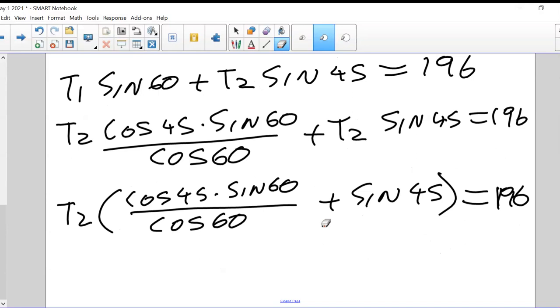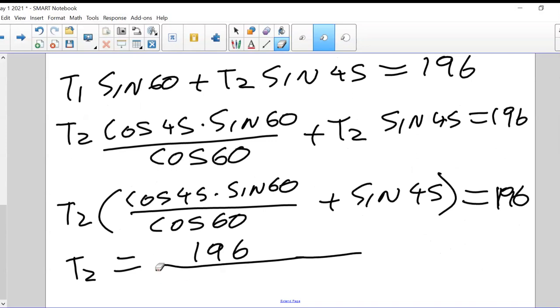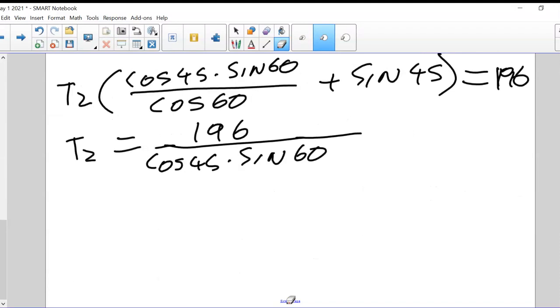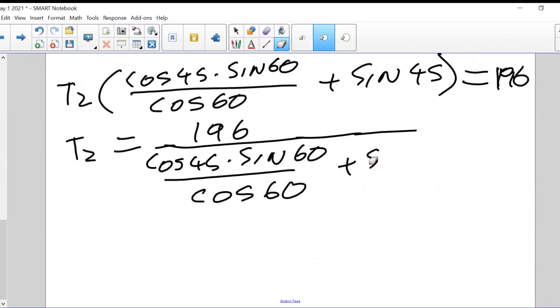So we'll try this again. T2 should be equal to 196 over cosine 45 sine 60 over cosine 60, and sometimes it might be easier to work with numbers rather than keeping things in this form, plus the sine of 45.